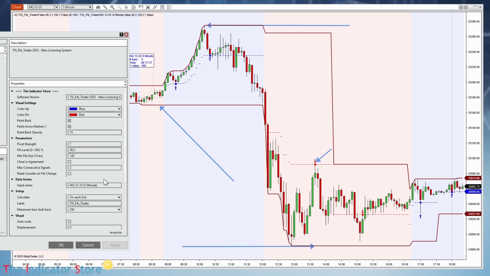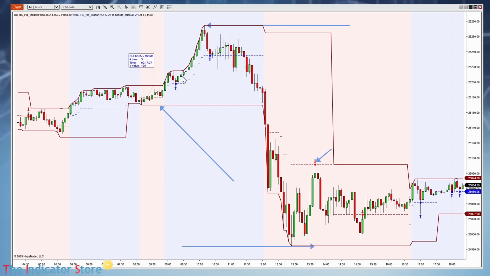And also we can reset the counter each time there is a fib change, because let's say I want only one, okay? But if the fib changes, so if I reset each time the fib changes, then I have one long. Now the fib is changed. It has changed, no?